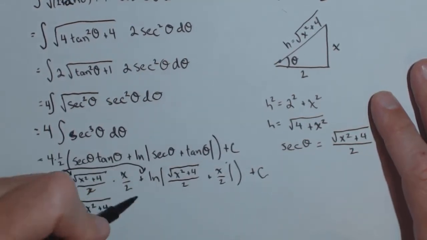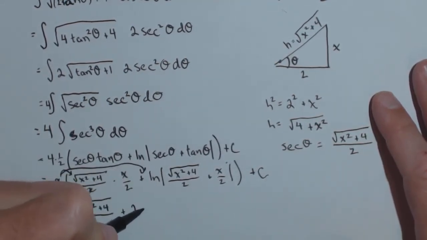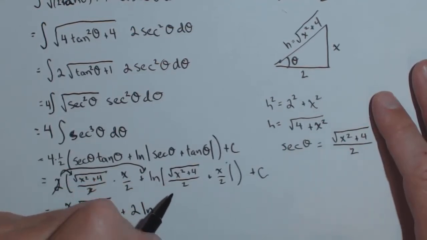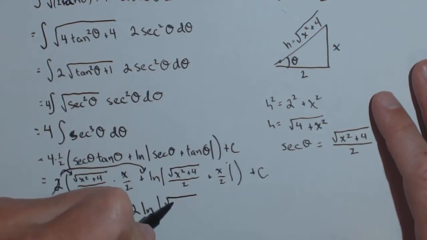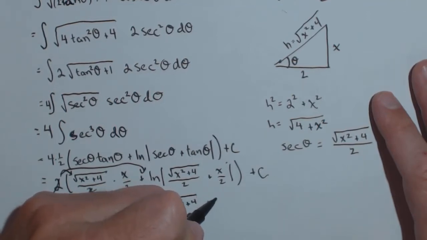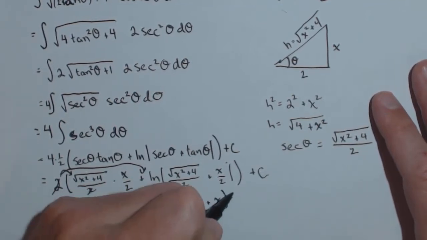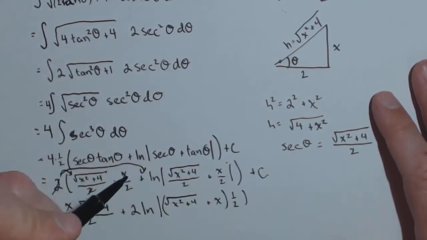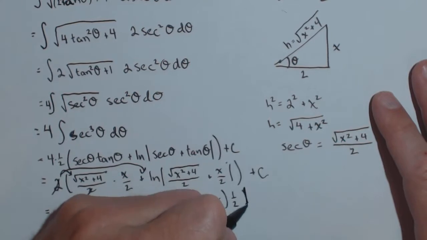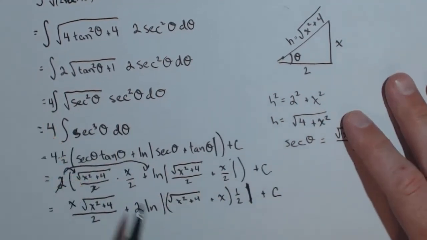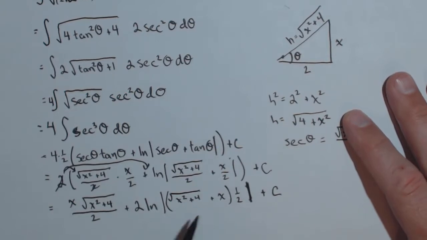When we multiply the 2 here, we'll just leave it out front, so plus 2 times the natural log of square root of x squared plus 4 plus x times a 1/2. And I'm going to show you what we can do with that 1/2. That should be an absolute value, because we can simplify this a little bit more with the property of logs.